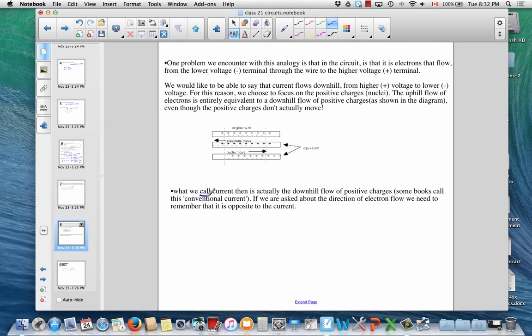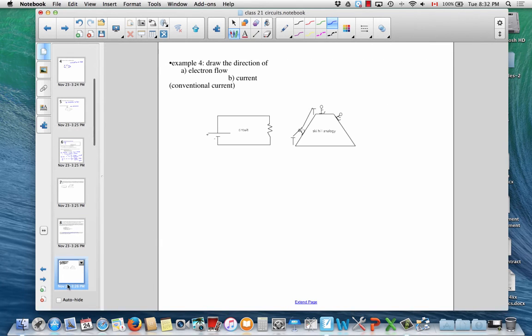So what we're going to call current is the downhill flow of positive charges. The actual motion of the electron flow will be opposite to that. Let's see what I mean by that. Here, we know which way skiers flow, right? In a gravitational circuit, it goes that way, up the hill and down the hill. We know that electrons would actually get pushed this way around the circuit. They'll be repelled from the negative terminal and attracted to the positive.